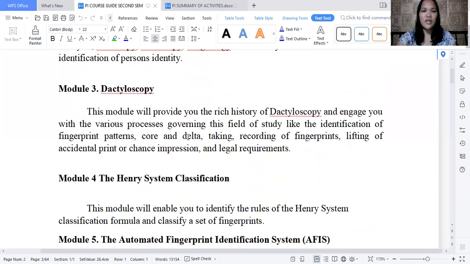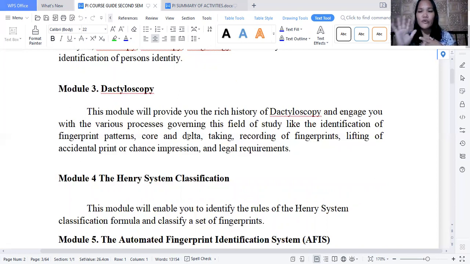Module 3 pertains to dactyloscopy. What is expected here? You will go over the history of dactyloscopy and engage with the various processes governing this field of study. You will be able to identify the fingerprint patterns, the core and delta. You have to look where the core is in your fingerprint patterns and at the same time the delta.